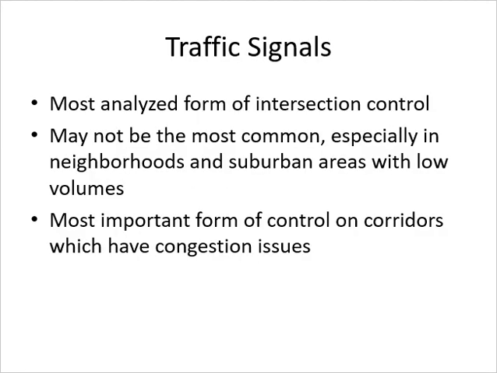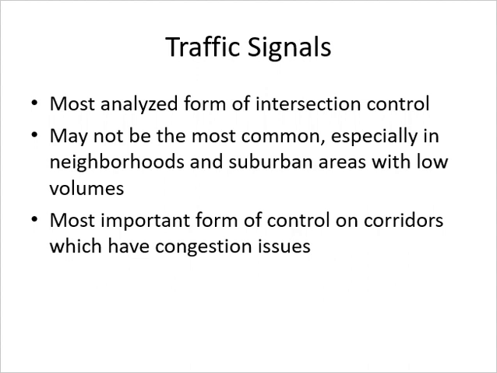So traffic signals are the most analyzed form of intersection control because, for obvious reasons, we are basically deciding everything; it is not left to the driver's judgment like it happens on roundabouts and stop signs. But it may not be the most common one, especially in areas where the population is low, the suburban neighborhoods, low density areas.